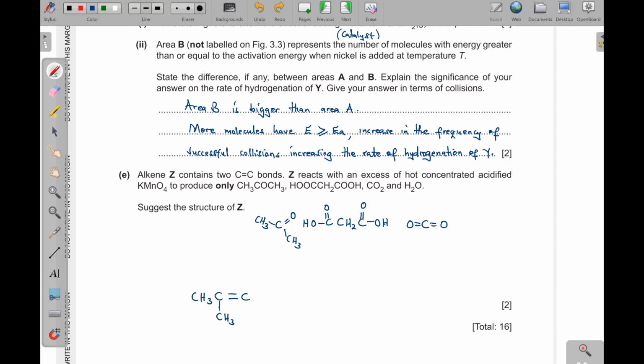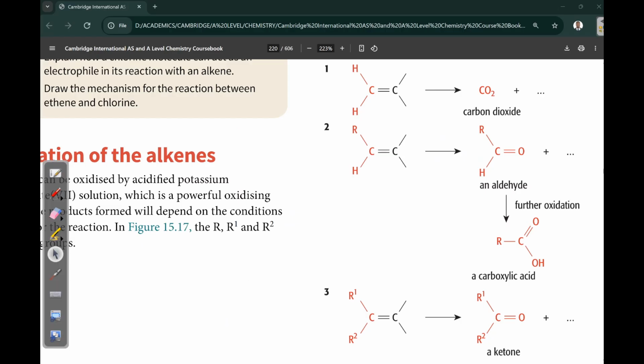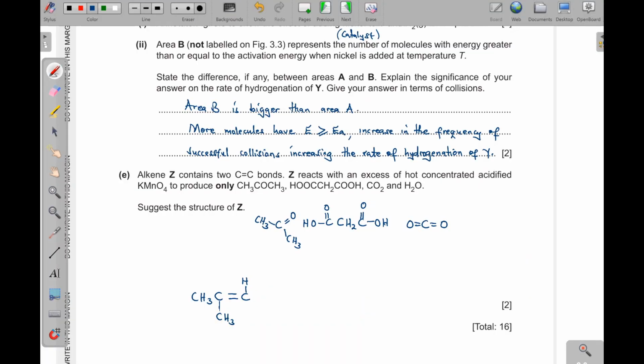Then this carbon atom, because this is a carboxylic acid here, I must have it having a hydrogen. Okay? It must have a hydrogen because remember, we have checked here that if it has a hydrogen, we are going to get an aldehyde, and then after further oxidation, we get a carboxylic what? Acid.